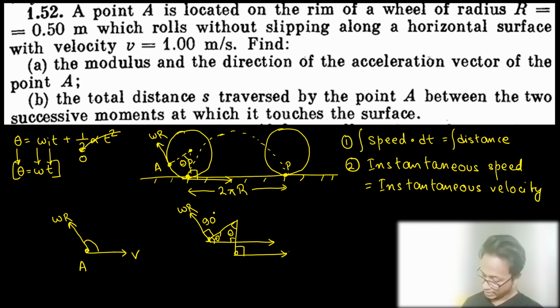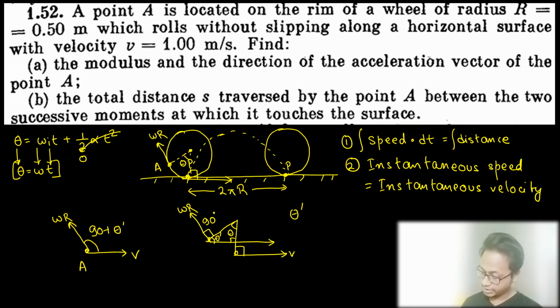So if this can be velocity vector, this entire velocity vector can be shifted out here for the ease of calculation. So the angle between this vector and this vector is nothing but 90 plus theta dash. What is theta dash?